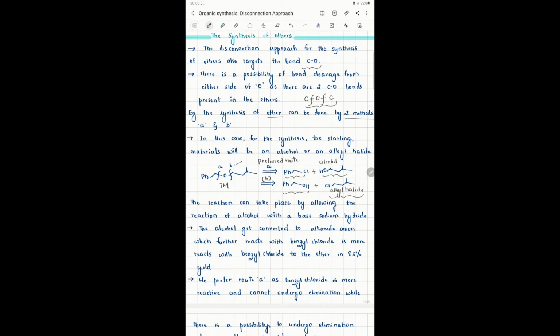Now, to decide which is the proper route, generally we design two routes when there is an ether. It can be either route A or route B. Whichever is the convenient route and gives a proper synthetic equivalent without any side reaction, that particular route can be chosen for the synthesis of the ether.